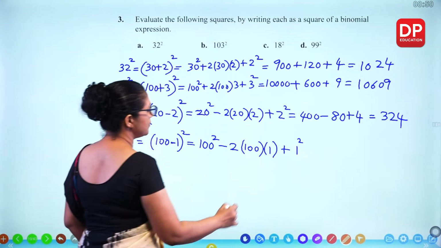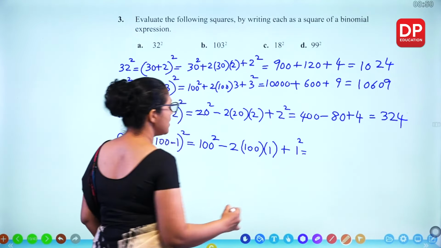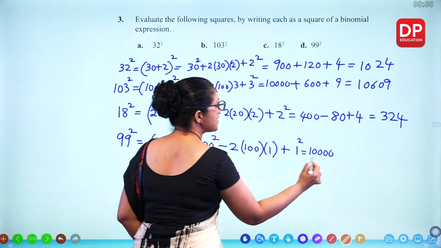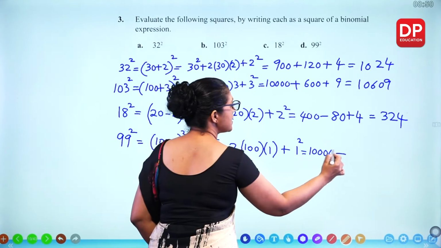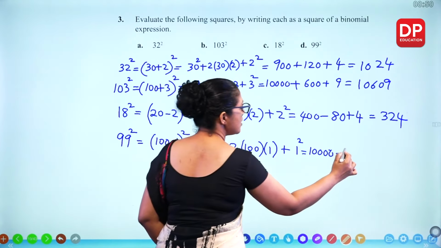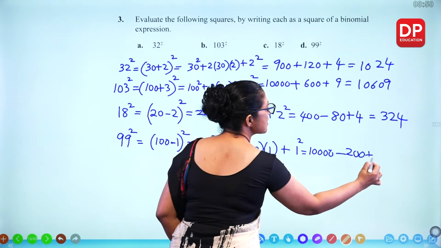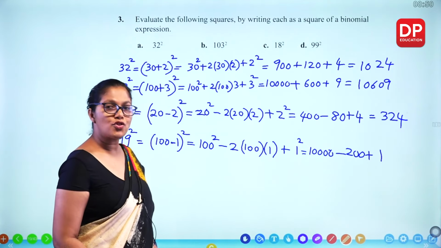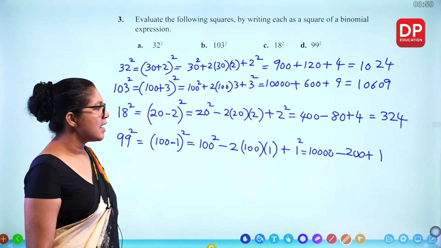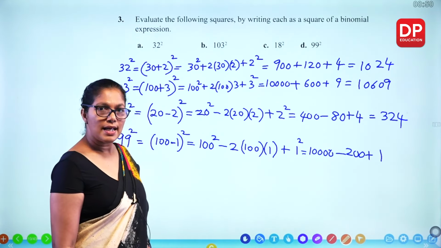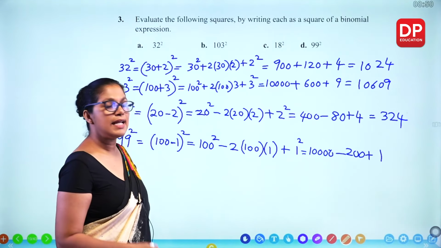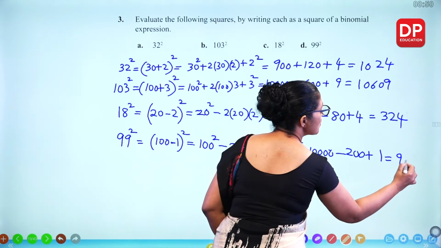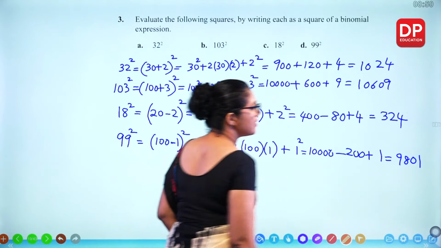So what's the value? 100 times 100 is 10,000, minus 2 times 100, 200, plus 1. So what's the answer? 10,000 minus 200 you get 9,800. 9,800 plus 1, you get 9,801.